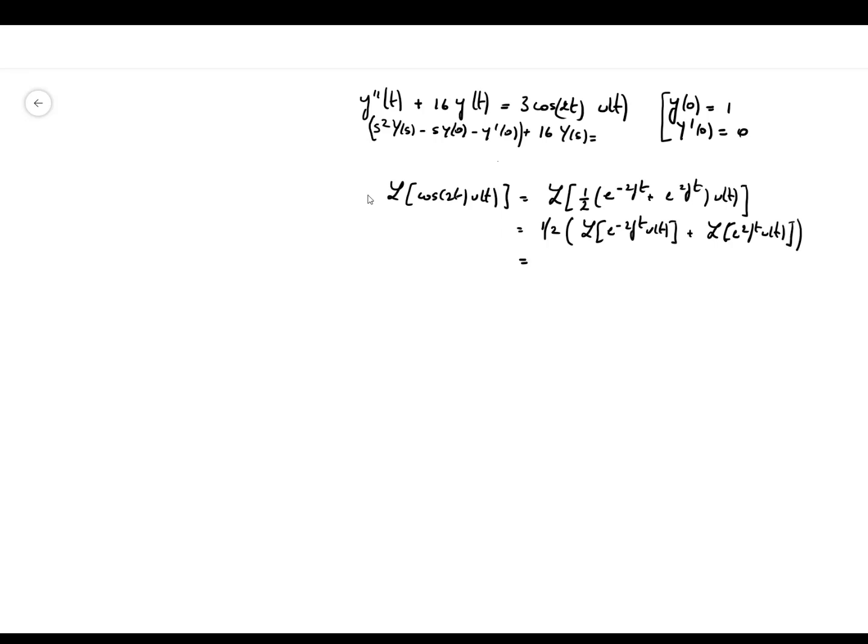So this is a half times 1 over s plus 2j plus 1 over s minus 2j. We put everything under the same denominator. If you multiply these at the denominator, you'll have s squared plus 4, and at the numerator s plus 2j plus s minus 2j, and we obtain s over s squared plus 4. So we can plug that in over here.